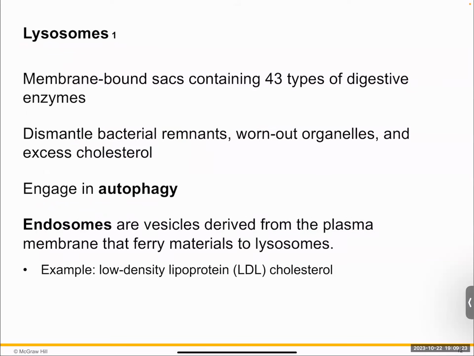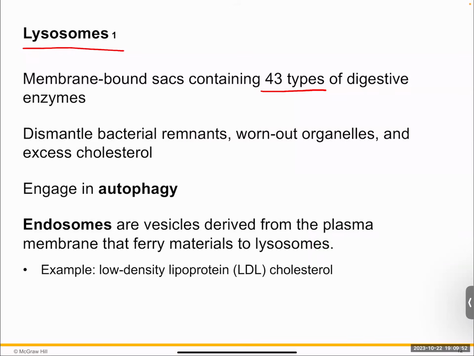Now, one of these vesicles that are being produced by the Golgi apparatus is a specific organelle called the lysosome. Lysosome is very important for your cell, like every other organelle we have talked about so far. So the lysosome is this little vesicle or little sac that contains, this is really cool, guys, 43 types of digestive enzymes.